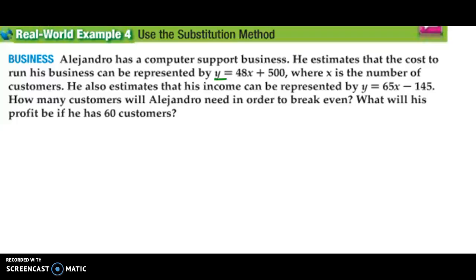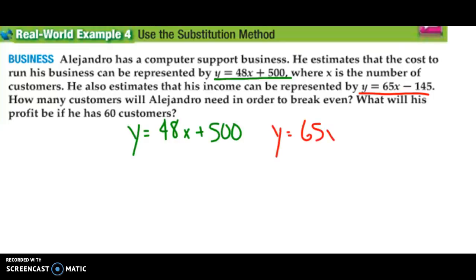So essentially, here's one equation, y equals 48x plus 500. That equation represents the cost of running his business. Then the next one, his income, is y equals 65x minus 145.